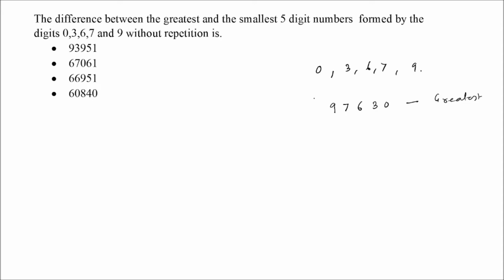But if I take 0 first, then it will be a 4-digit number. So first we have to take the second smallest digit, that is 3, then 0, 6, 7 and 9. So we have to write its difference now.